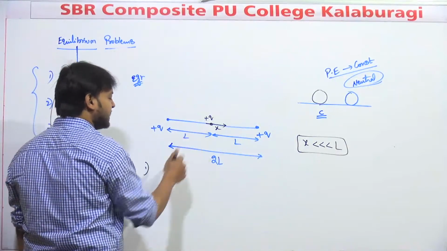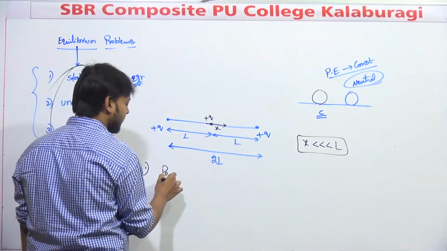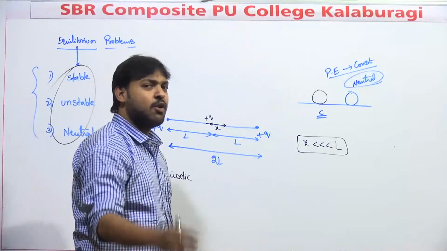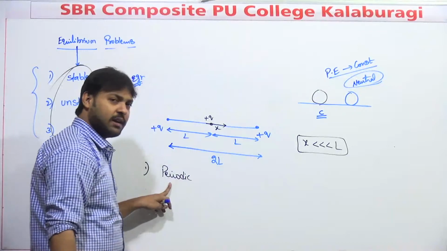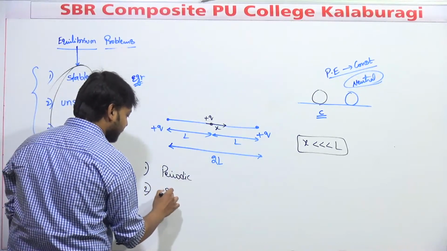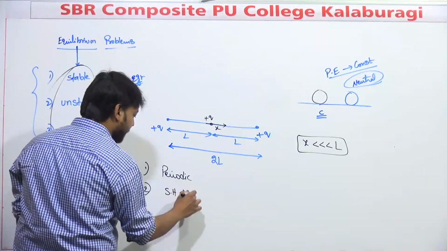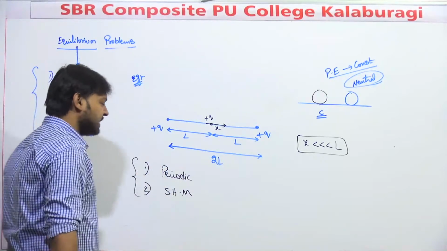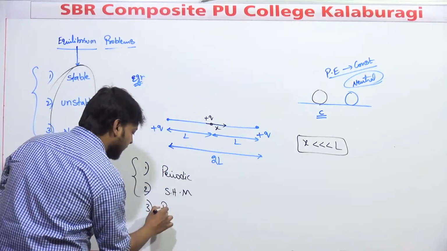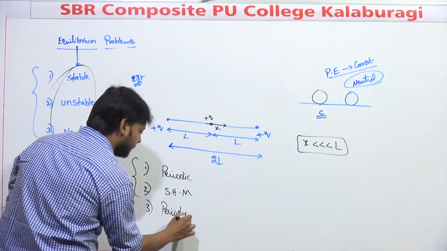The motion of the third charge is periodic. I'm not writing the statement, you can write it. The motion of the third charge is periodic, alright? And the motion of the third charge is simple harmonic motion. Or it is periodic but not simple harmonic.